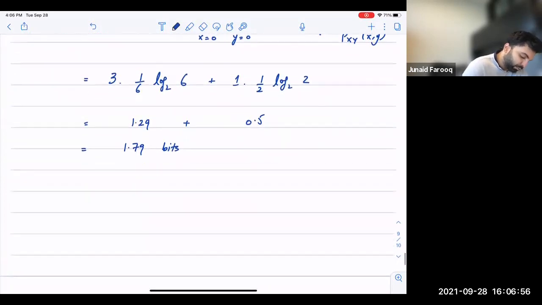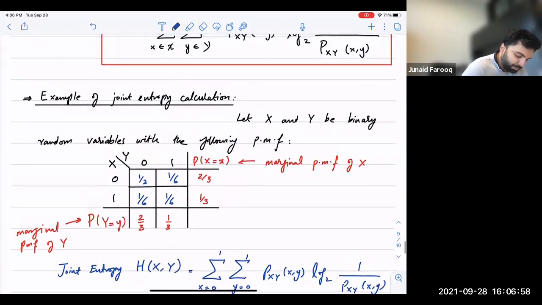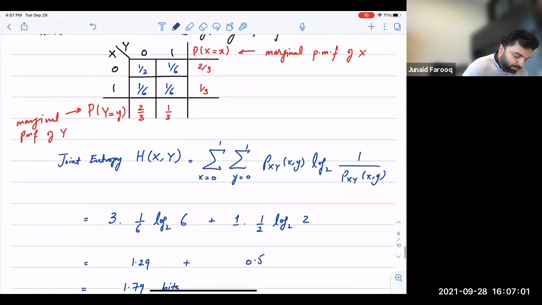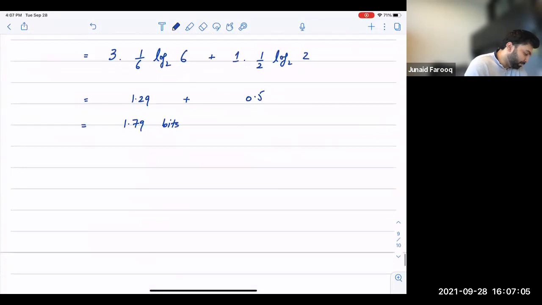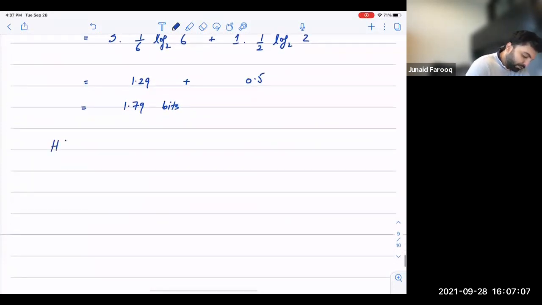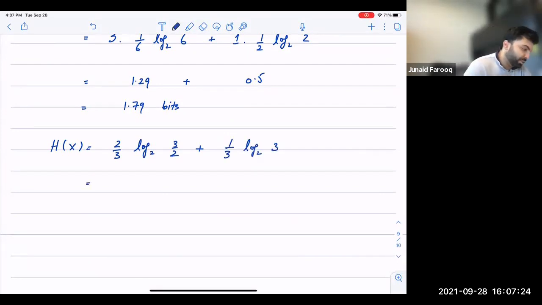Okay, so let's see what the individual entropies are. We have the marginals for both X and Y. So if you want to compute H of X here, it will be 2/3 log 2 of 3 over 2 plus 1/3 log 2 of 3, which comes out to be 0.918.